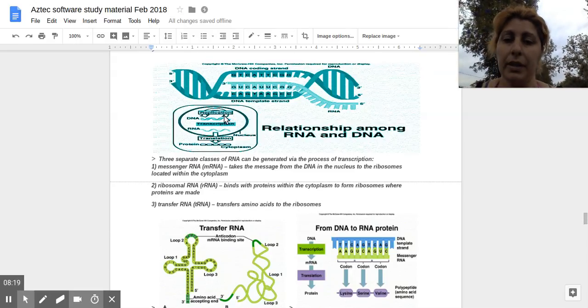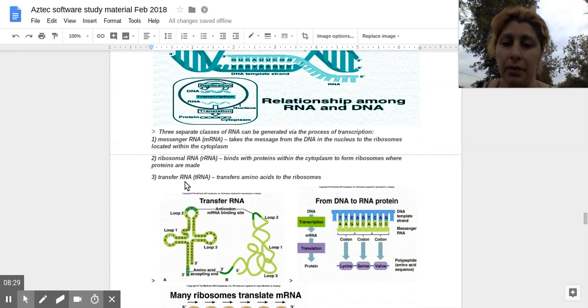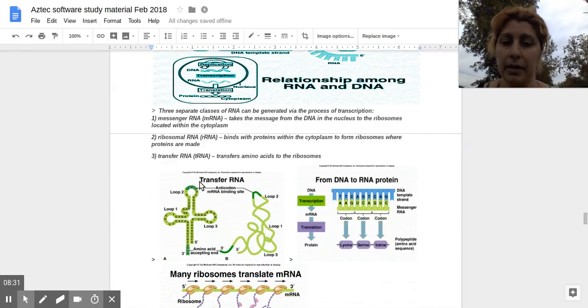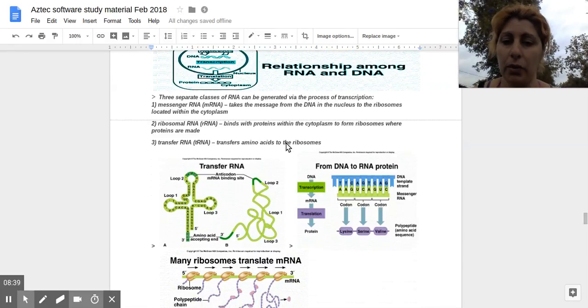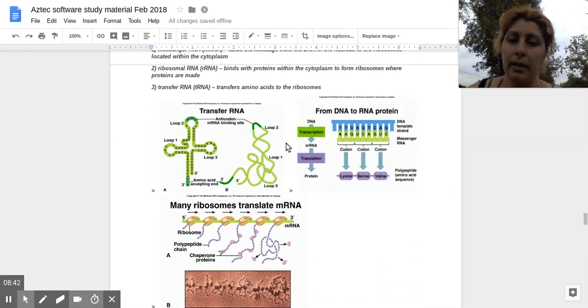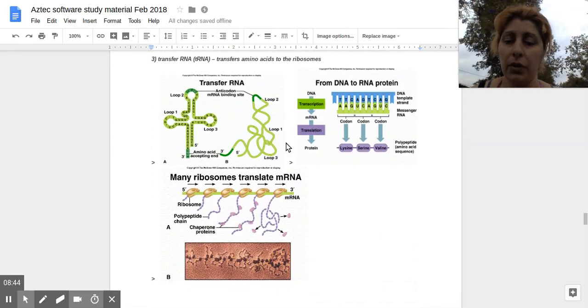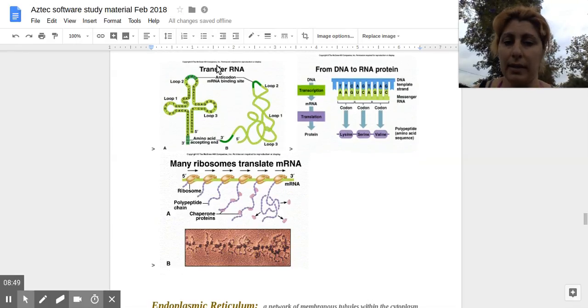Replication is just purely doubling the DNA amount. Then the mRNA exits the nucleus. Ribosomal RNA binds with proteins within the cytoplasm to form ribosomes where proteins are made. Transfer occurs with tRNA, which transfers amino acids to the ribosomal units to make the polypeptide chains.